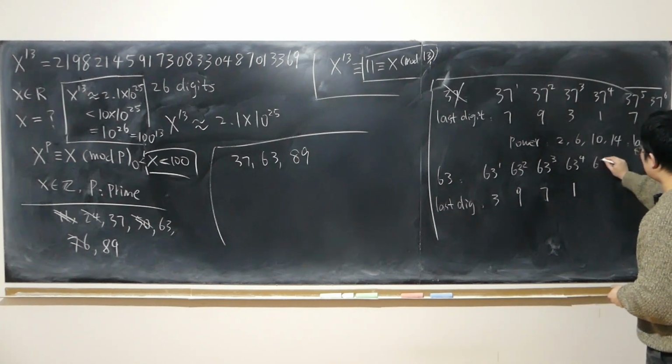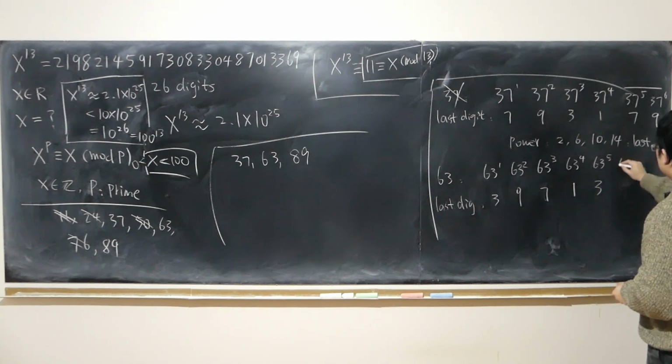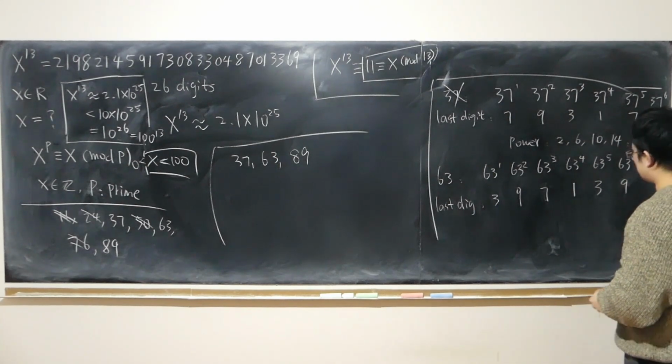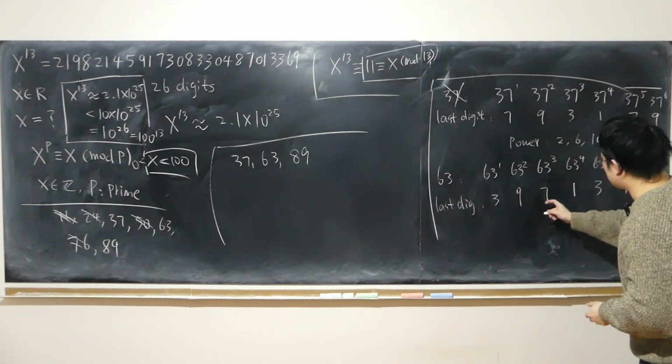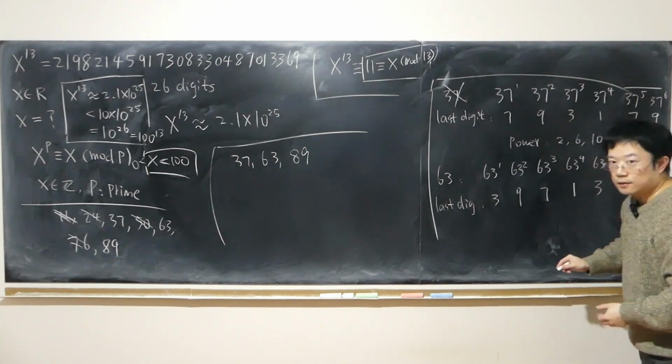Raised to power 5, 3 again, power 6, 9. So the pattern is 3, 9, 7, 1, 3, 9, 7, 1.